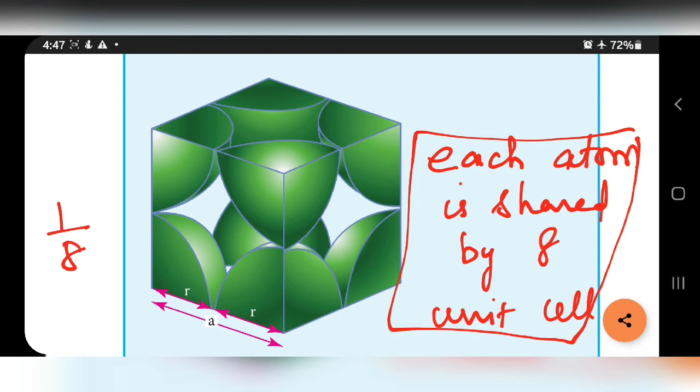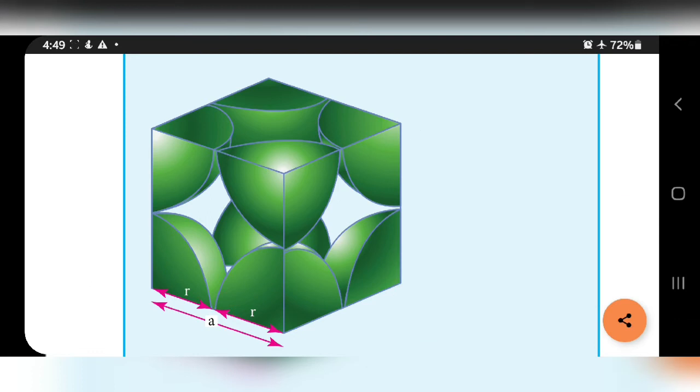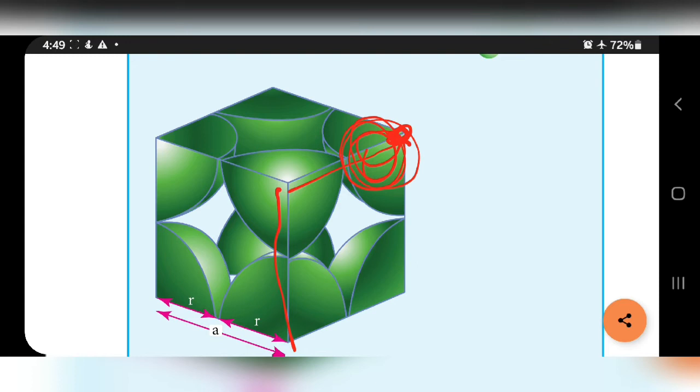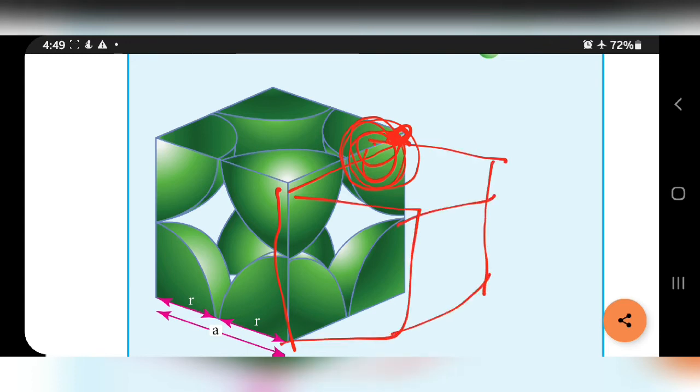Each atom is shared by 8 unit cells, because each corner atom is shared by 8 unit cells. Just try to understand. See here, this atom is shared by, if one unit cell is here, this unit cell also.